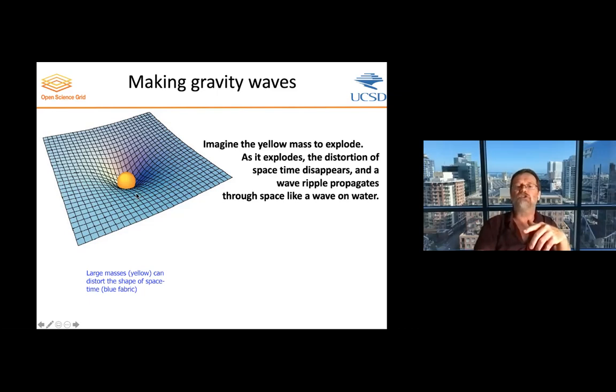Then imagine you have this ball, which is a very heavy object, sitting inside space-time and therefore bending space-time. Now imagine this ball explodes and all of the mass disappears. What would happen? The space-time that is bent would then oscillate up and down, just like when you drop a pebble into water. Am I making sense? Yep. Sure. And that fluctuation up and down would propagate outwards. And that's exactly a gravitational wave that one would observe.